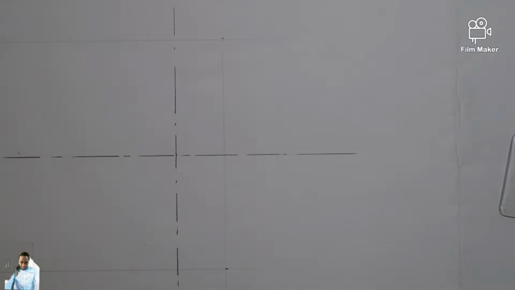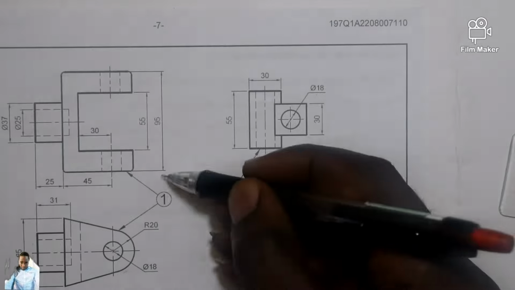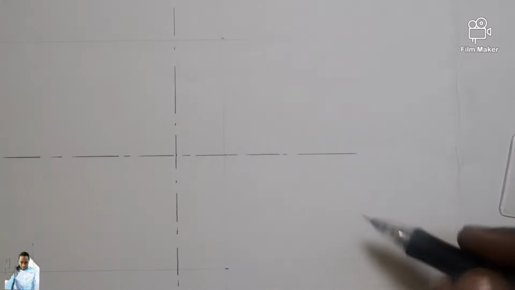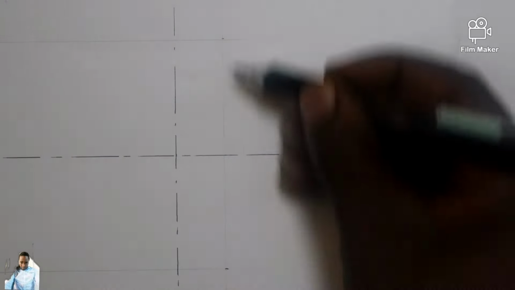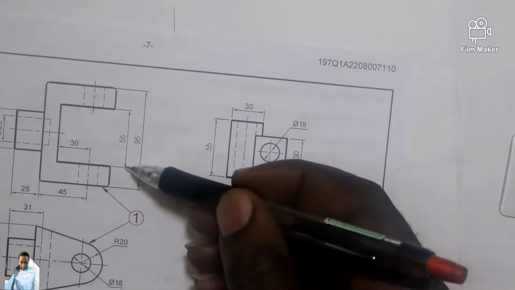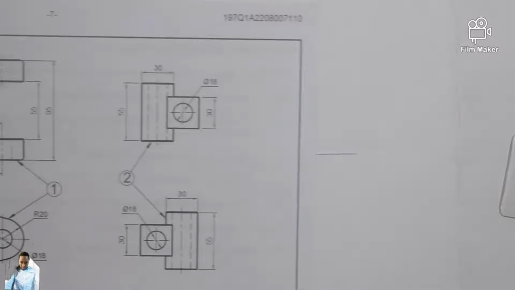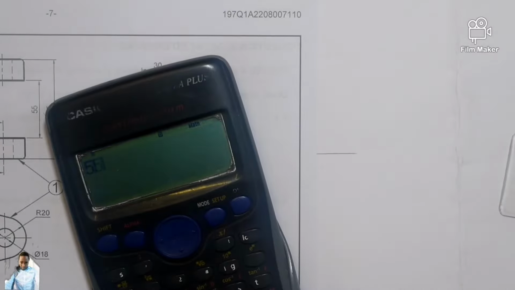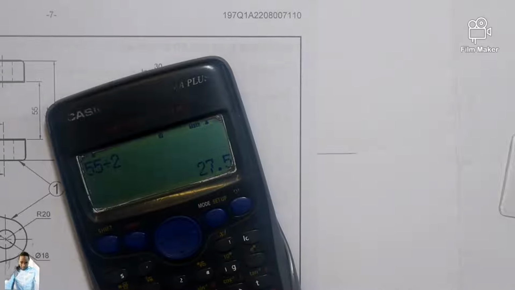Then from there, from here till 95 millimeter, which is this one, I see another dimension of 55. So have your calculator, 55 divided by 2, you simplify it further, 27.5.